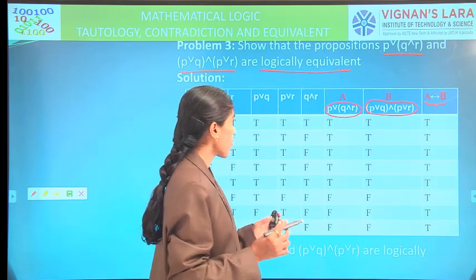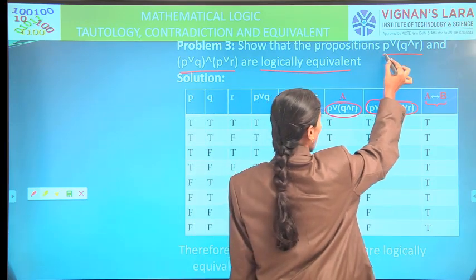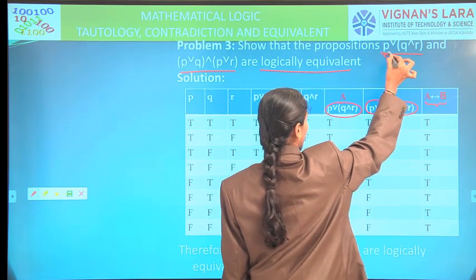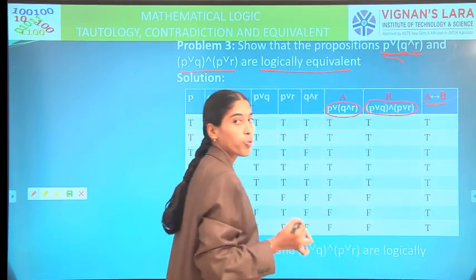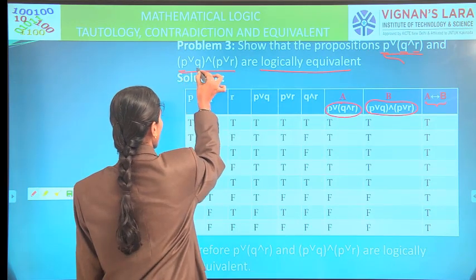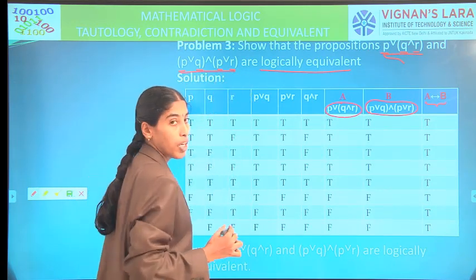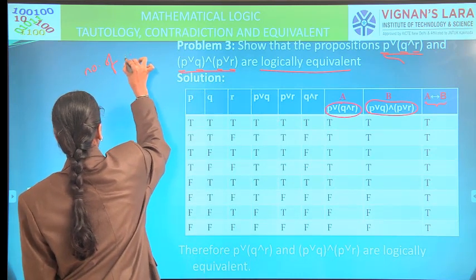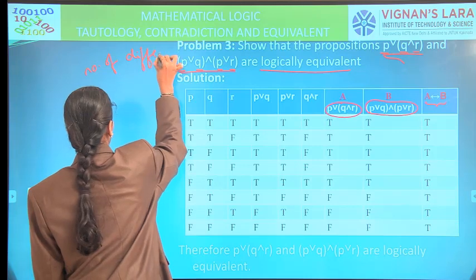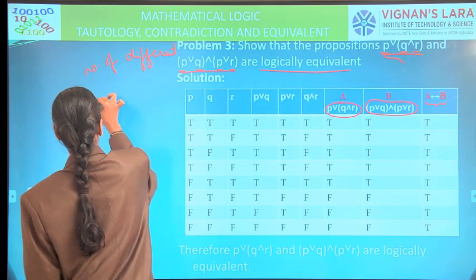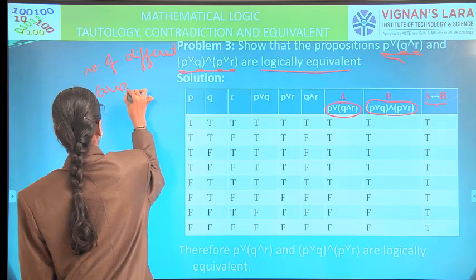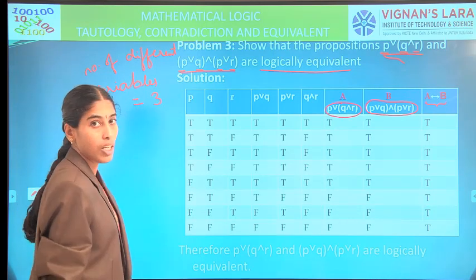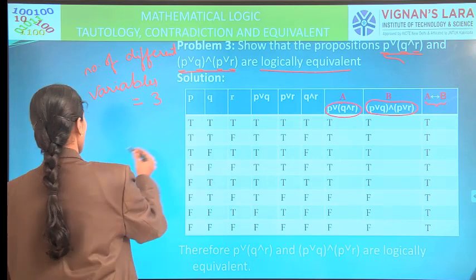For that, first of all, we check how many propositional variables are there in the given propositions. Here we have P, Q, R. In the second one also P, Q, R. So the number of different variables is equal to 3.